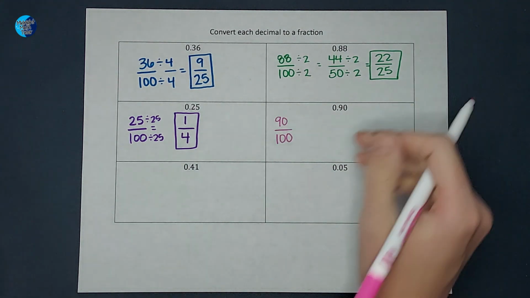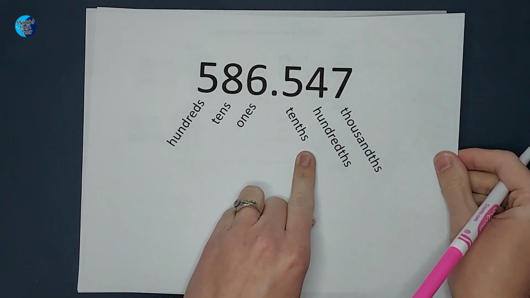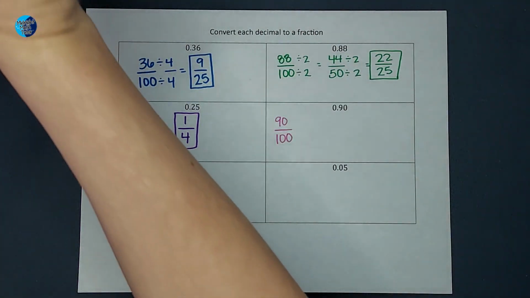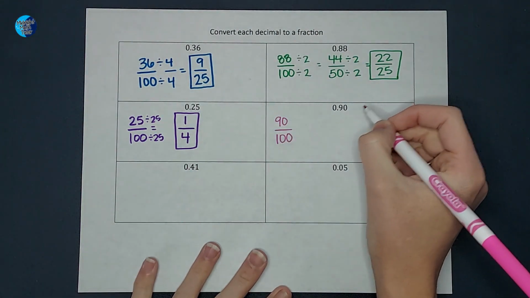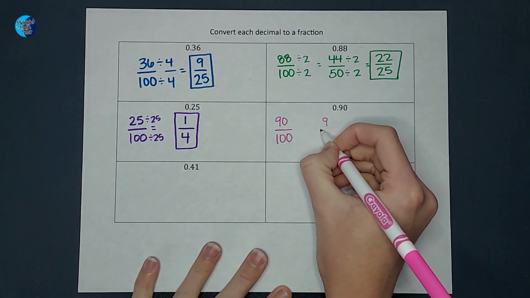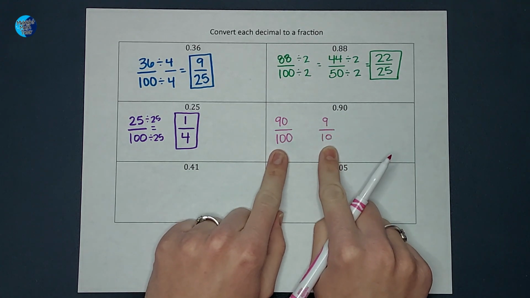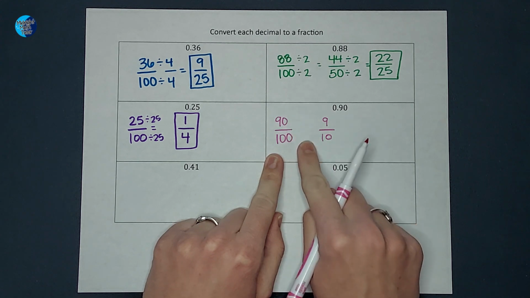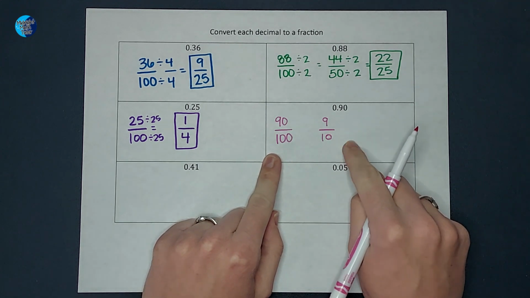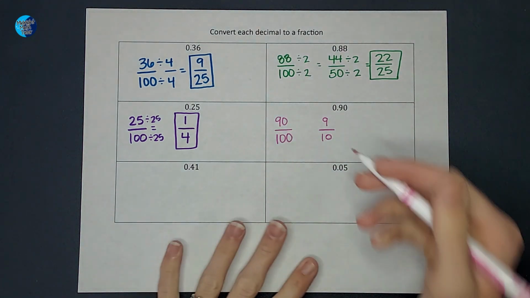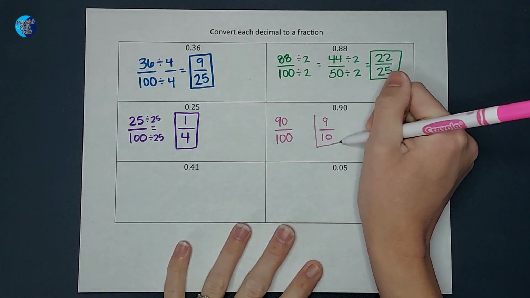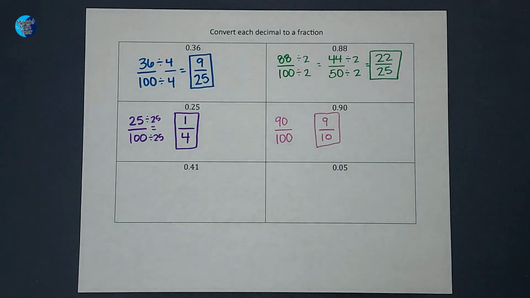Which, when there is one number behind the decimal, that is the tenths spot. So it could also be 9 tenths, which these are equivalent fractions, right? If I divided by 10 on top and bottom, I would get 9 tenths. So there we go. Either way that you think of that, it worked out to be 9 tenths.